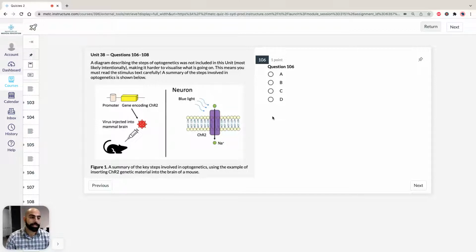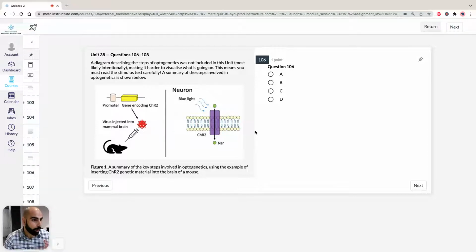They don't talk about it specifically in the unit stimulus, but it's important to note that this relates big time with the brain, which is why I've drawn the diagram here, where we're injecting the virus with our gene and promoter into the mammal brain to activate or inhibit our neurons.